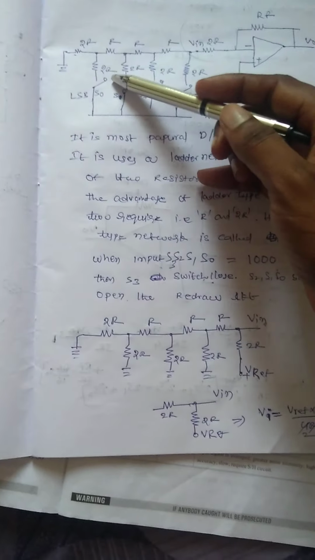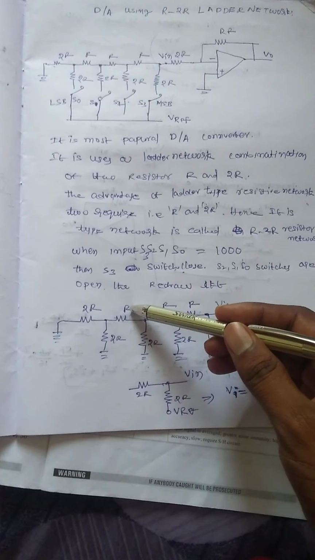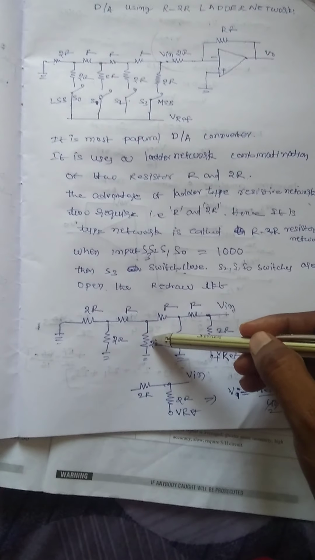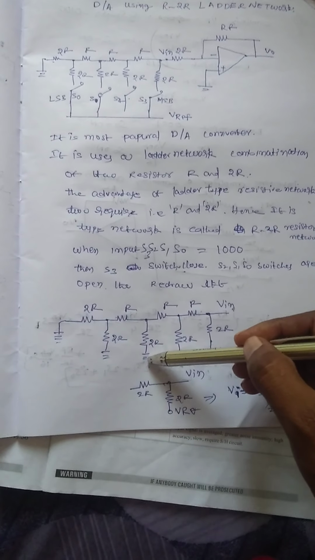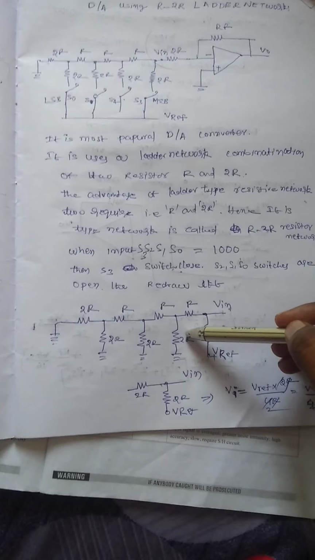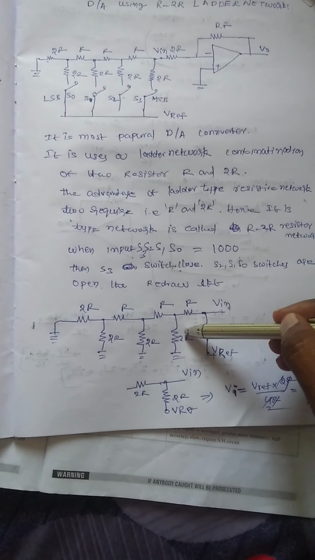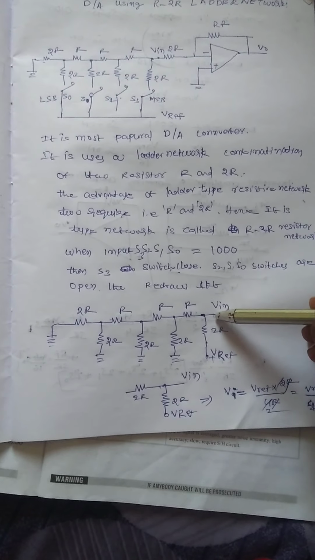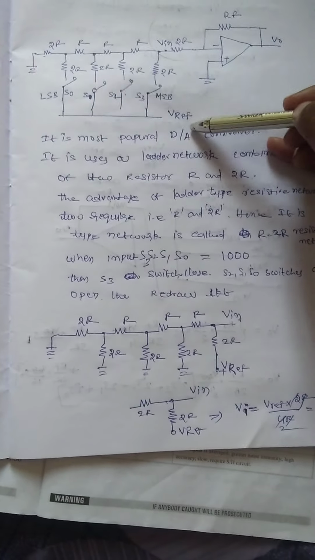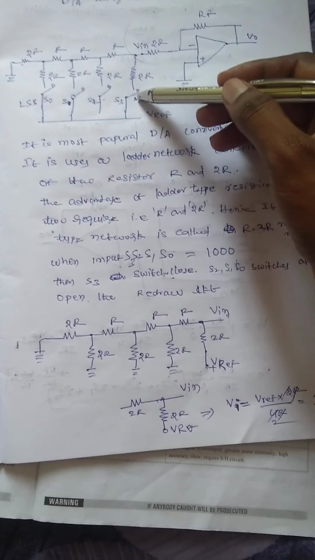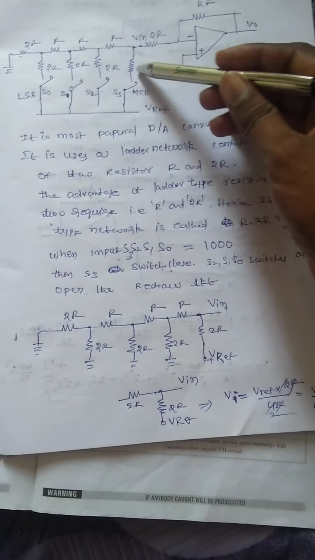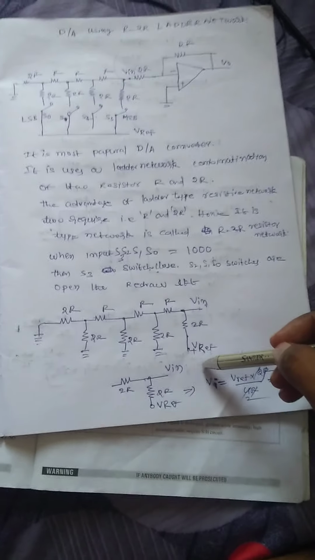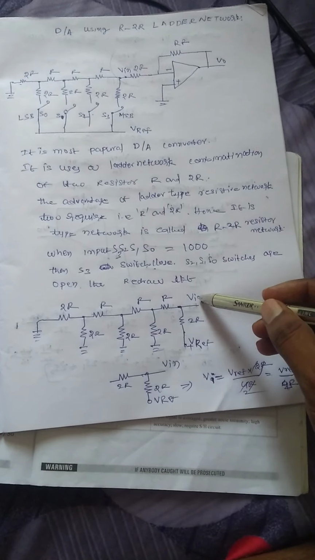The next 2R is grounded, as S0 and S1 are open. S2 is also open, so it is also grounded. Next, S3 is closed, which means V reference is applied to the 2R resistor. This V reference voltage is the Vin voltage.